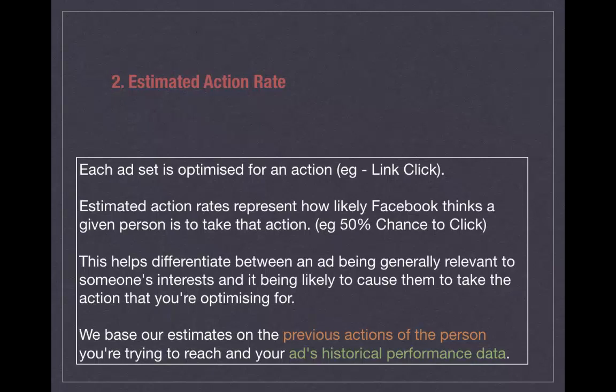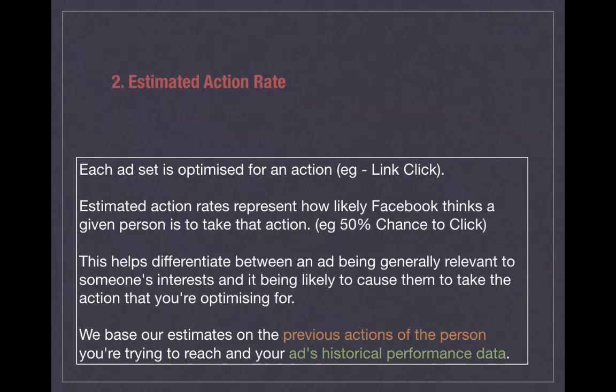This helps differentiate between an ad being generally relevant to someone's interest and it being likely to cause them to take the action that you are optimizing for. Facebook bases its estimates on the previous actions of the person you are trying to reach and on that ad's historical data. As I explained earlier, Facebook is looking at the fact that you are optimizing for the link click, and on the same kind of ad, how likely other people are to click on the link.